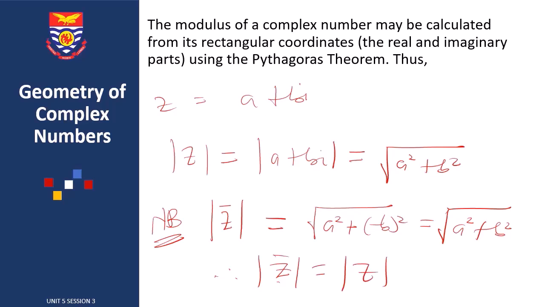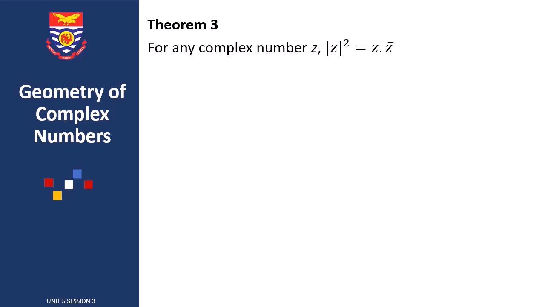You can look at more examples of that. For any complex number, the modulus of z squared is equal to z times its conjugate. This one is so simple, and I think you can prove it.